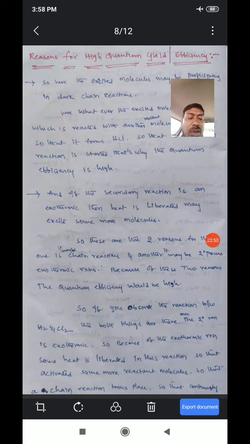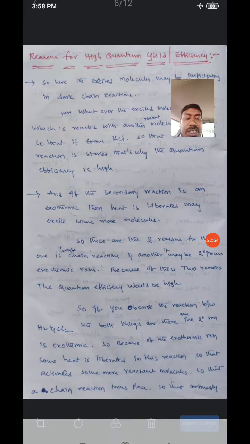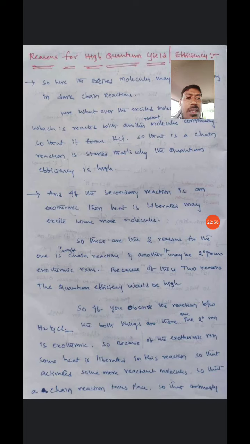If you observe the reaction between H2 and Cl2, both things are there.